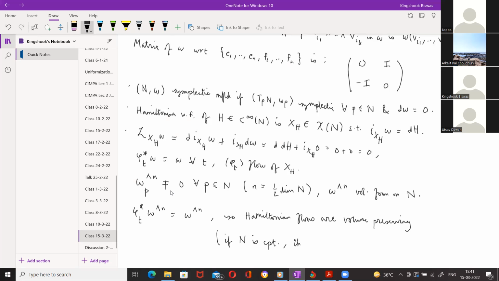Then almost every orbit is recurrent, right? By the Poincaré recurrence theorem. If you don't know the Poincaré recurrence theorem, you can look it up. It's a very famous theorem.